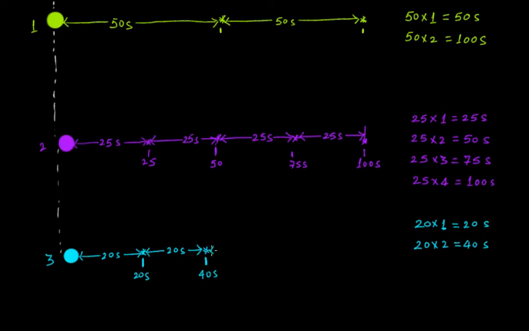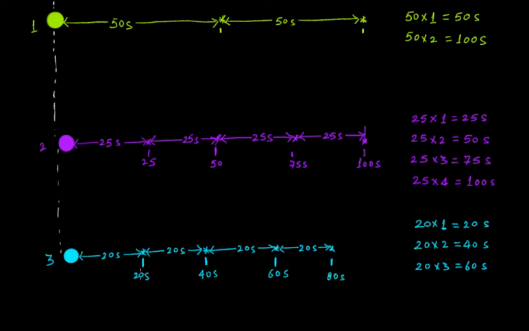It will again remain for 20 seconds, and it will change again after 20 seconds, and that will be 60 seconds. That is, first at 20, then at 40 seconds, then at 60 seconds. So 20 times 3 is 60 seconds. It will again remain for another 20 seconds and will change again at 80 seconds.